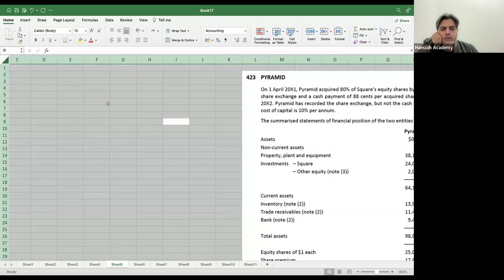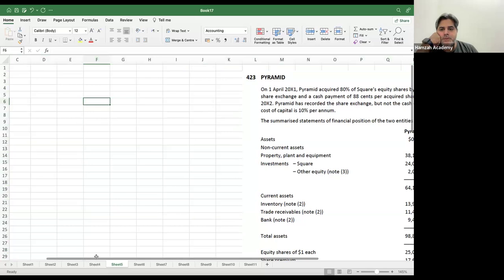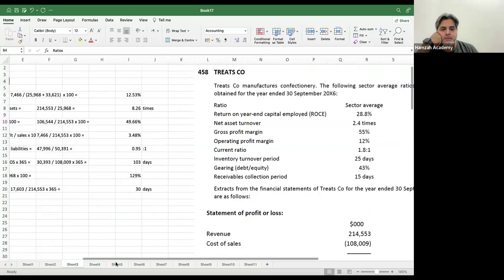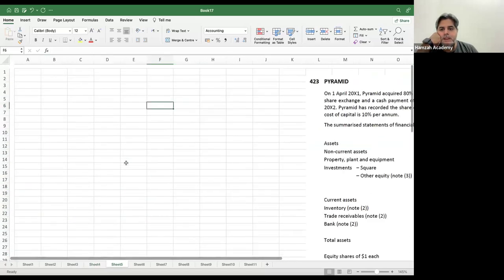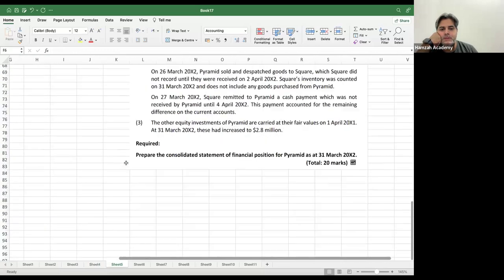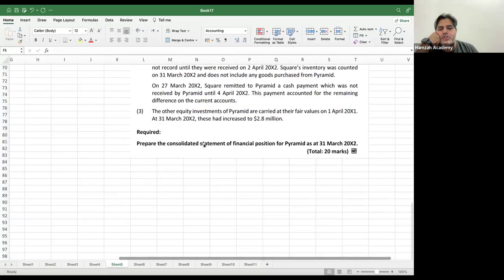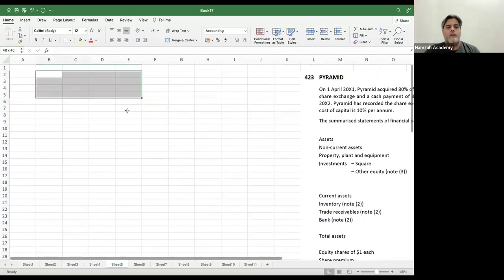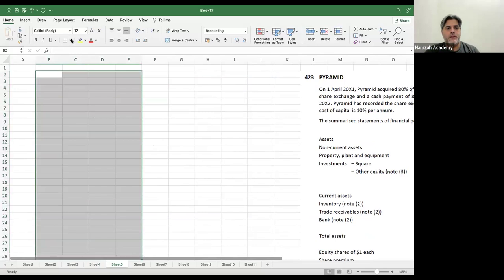Okay, let's start now. Now I have this Pyramid question because we are done with the previous one. And before that, we were into the ratios. So the Pyramid question, the requirement of the question, I'm going to straight away jump to. Prepare the consolidated statement of financial position. So let's start with the format as we have always been.